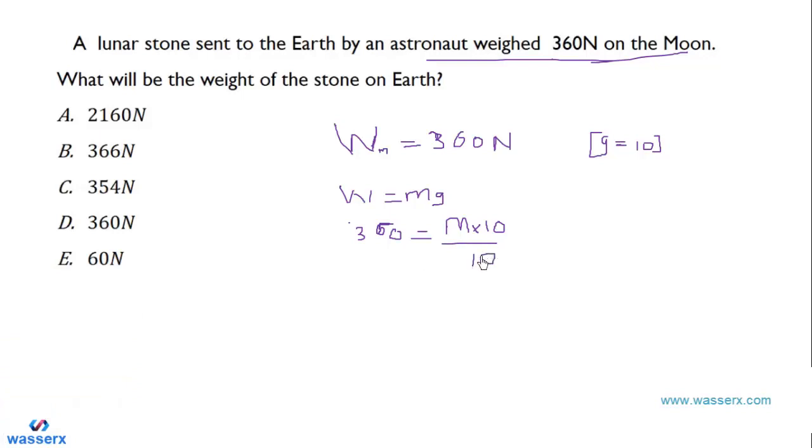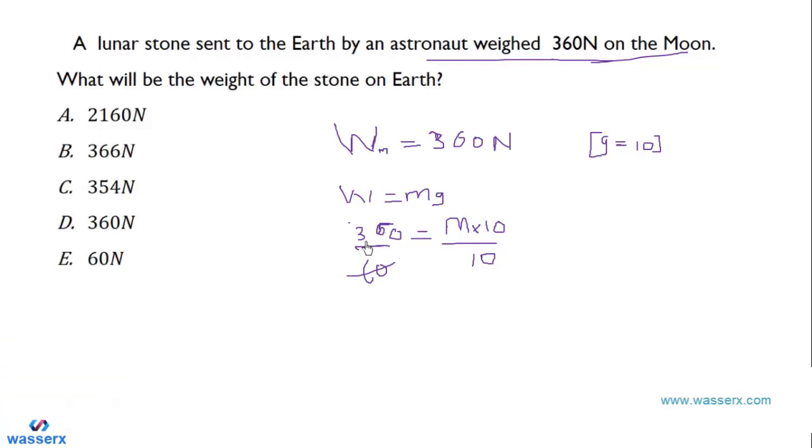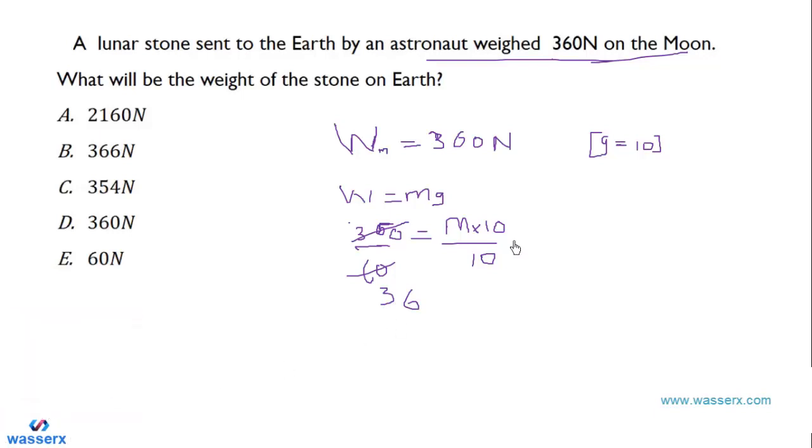So we are solving for the mass of the stone. 10 goes into 360 36 times. Then the 10s cancel.